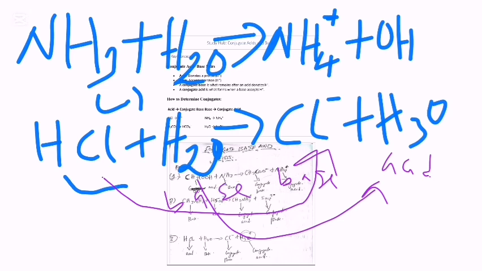If this will be the base, then H2O will gain hydrogen there, which will be H3O, and it was a base, now it has become an acid.